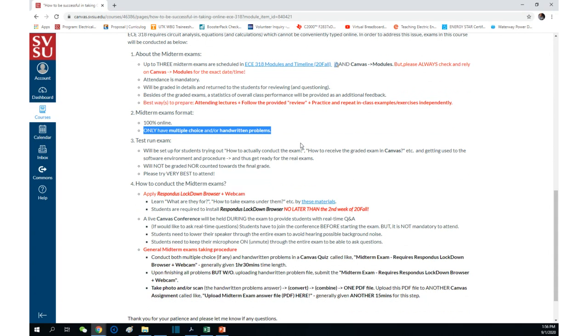Okay, that's not possible. Sorry about that. It's because the engineering course requires problem solving, so you have to present some logic on paper to solve a handwritten problem: equations, calculations, etc.